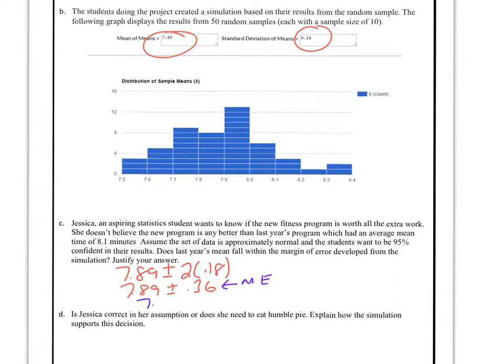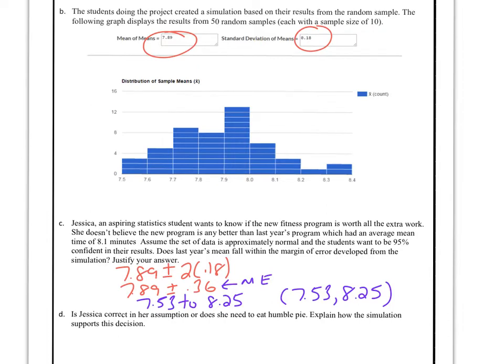So we say from 7.53 to 8.25. Now, just like with domain and with range, we can write this as an interval. So we're saying from 7.53 all the way up to 8.25 is our 95% confidence interval.